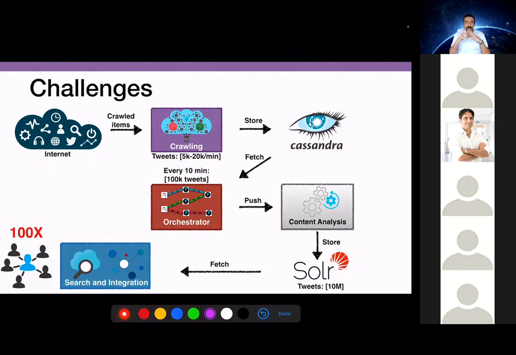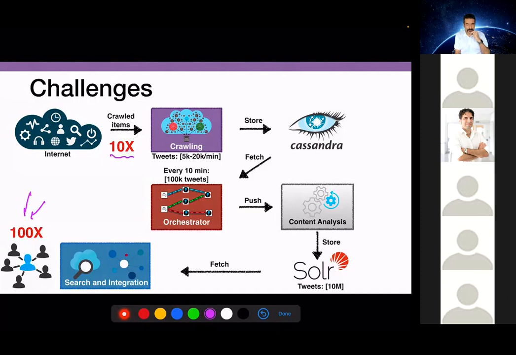The stakeholders of the system at the time wanted to increase the number of users to 200 more. So they wanted to invest and also increase the number of users. This is what their objective was. Based on some performance analysis, we came up with the conclusion that in order to scale to this number of users, this number of bursts in the request and everything, we needed to speed up some part of this pipeline.